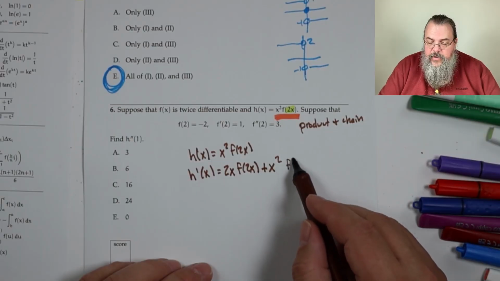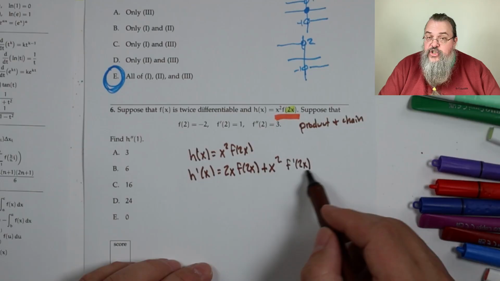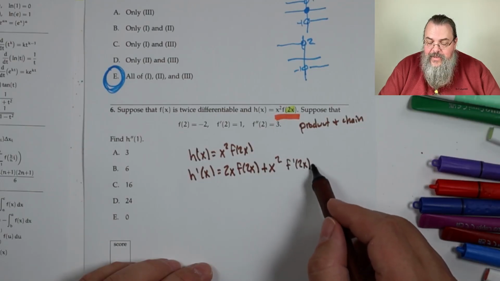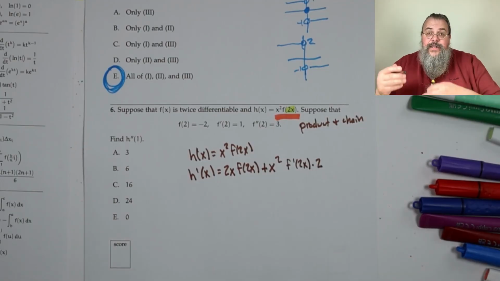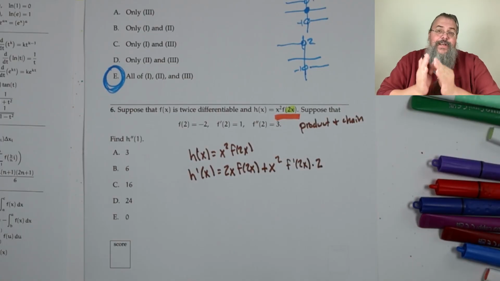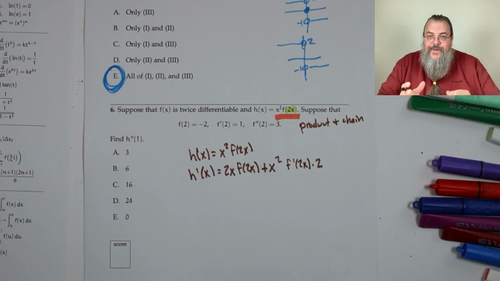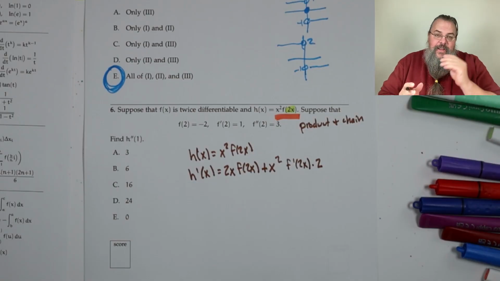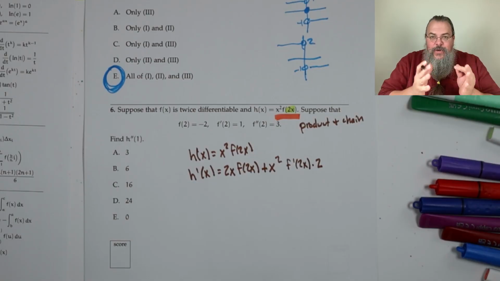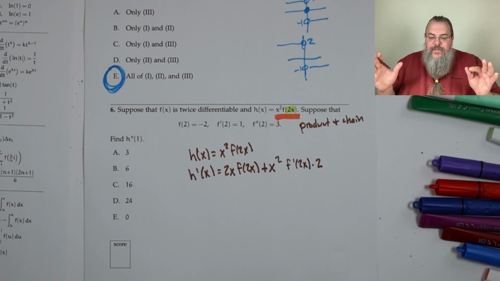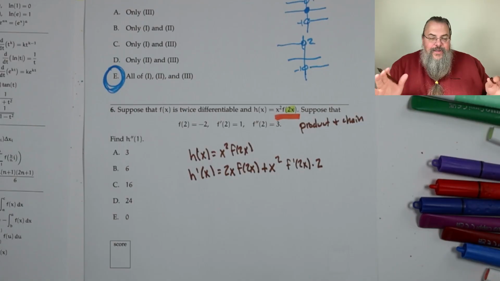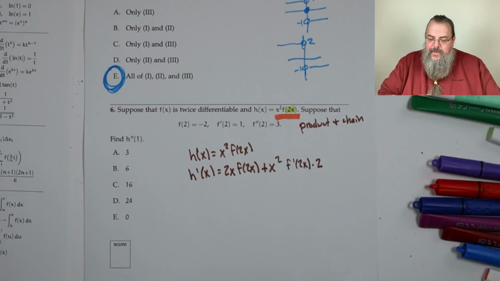So that's f prime of 2x, and then chain rule, times the derivative of the inside, 2. The way I like to remember the product rule is every piece gets its turn. Okay, x squared, you get a turn, but everything else stays as is. F of 2x, you get a turn, everything else stays as it is. Everybody gets a turn.